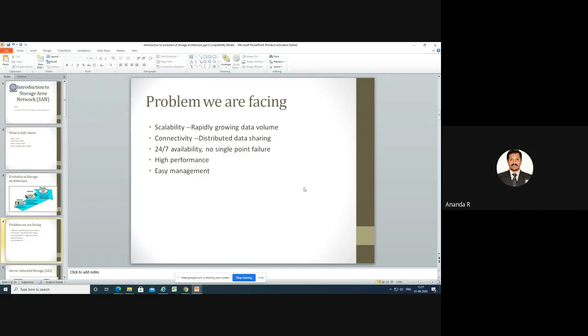All these 5 points are required whenever we say computer system.